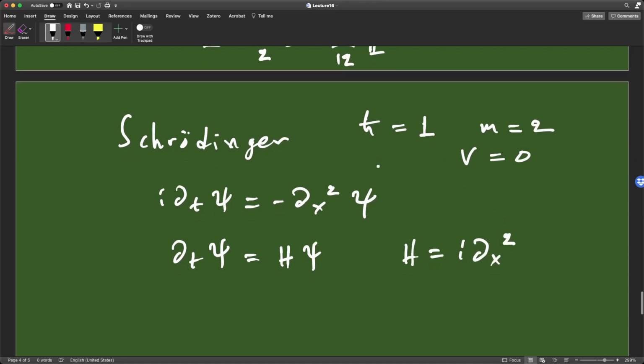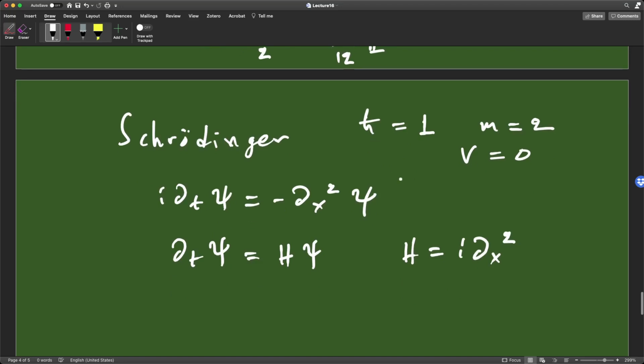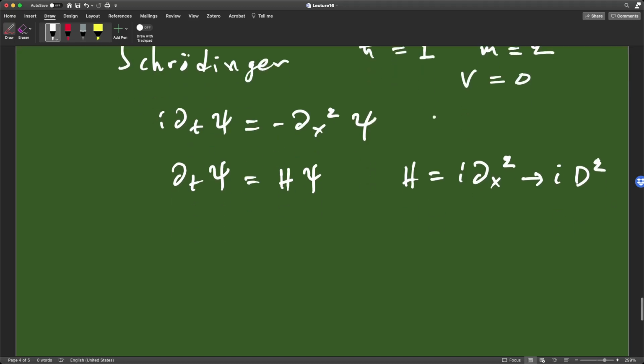If we discretize this problem, then this Hamiltonian will amount to a matrix. If we discretize in space, that would be i times D squared, where D is the differentiation matrix for our grid. And again, we can discretize this using finite differences or pseudospectral methods.